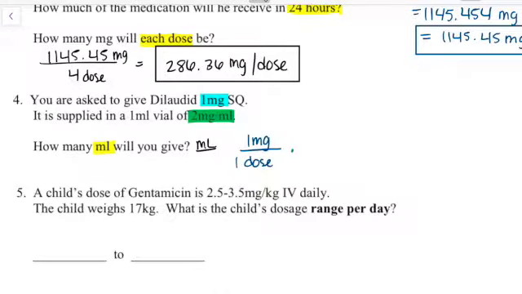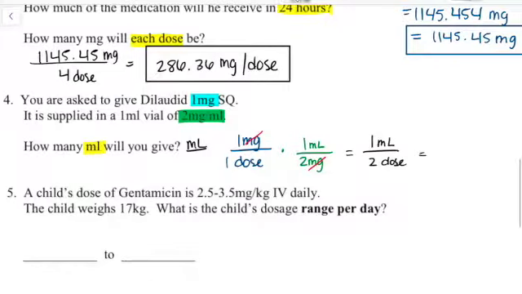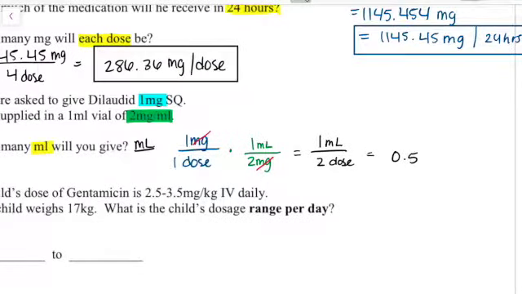We have available 2 milligrams per 1 ml. Cancel out the milligrams. So it's 1 ml over 2 dose. So 1 divided by 2 is 0.5 mLs per dose.